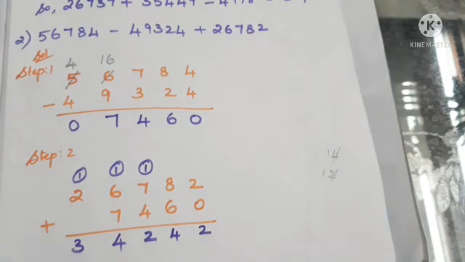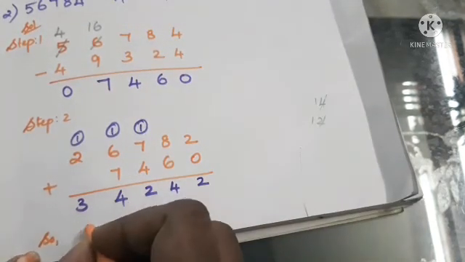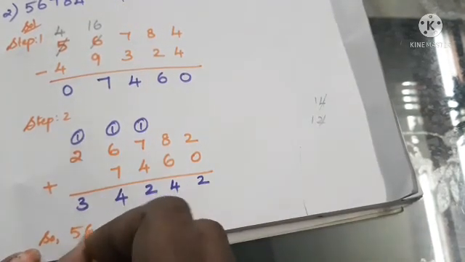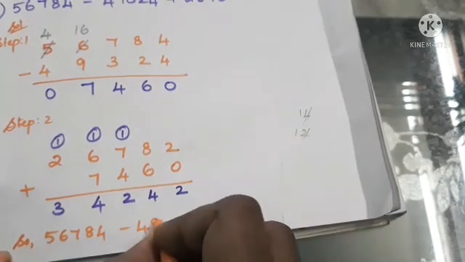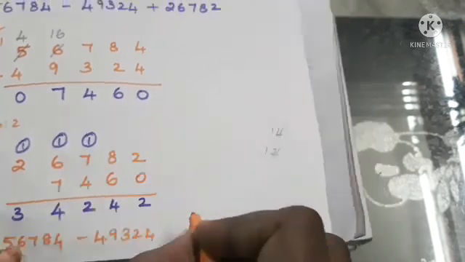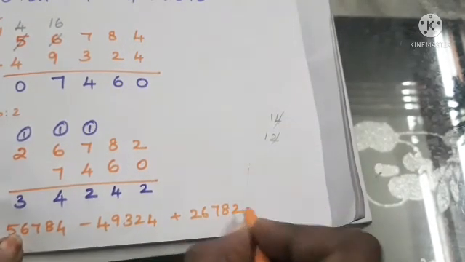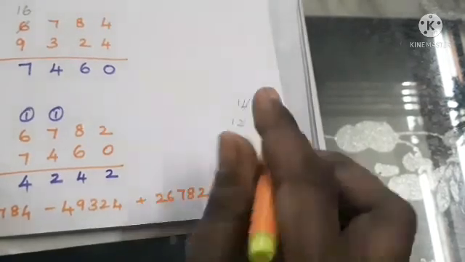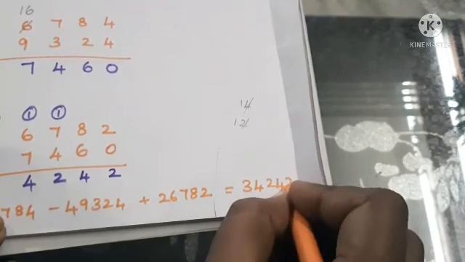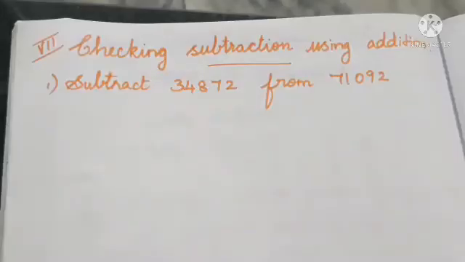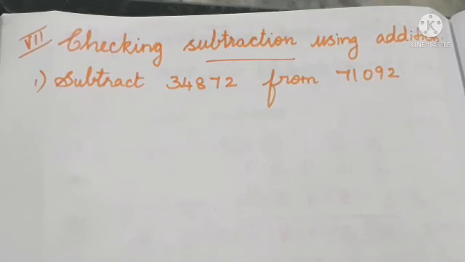So we can write the answer as 56,784 minus 49,324 plus 26,782 is equal to, what's our answer? At the last we got 34,242 as our answer. So next we have Roman number 7, that is check subtraction using addition.